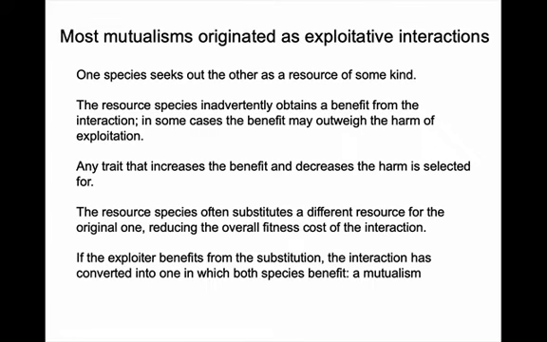Now, let's talk a bit about how we get mutualisms. It's very clear from our studies in the current day, looking at mutualisms, that mutualisms virtually all originated as exploitation. One of the partners in the current mutualism originally sought out the other as a resource and damaged it.